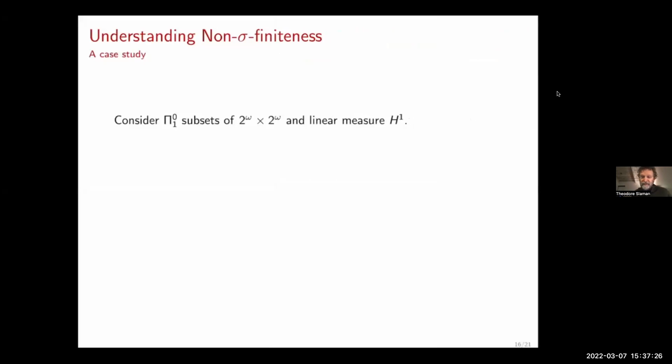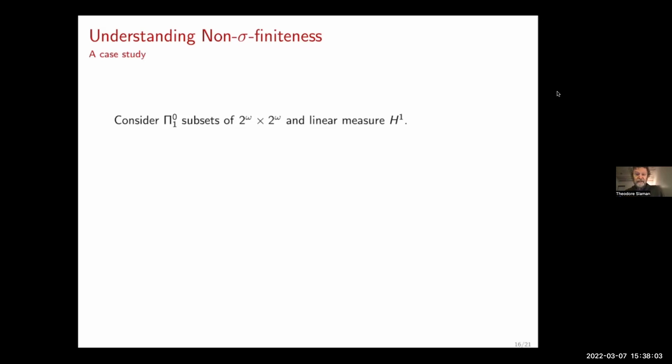So what I want to do in the last few minutes here is look at this problem, the problem of understanding non-sigma finiteness, and see its complexity, and maybe get a grip on what non-sigma finiteness means, which will possibly help in understanding how the concept works and settling this question that we've raised.